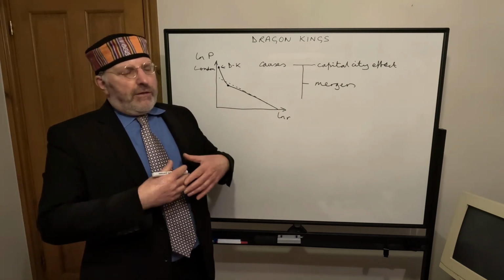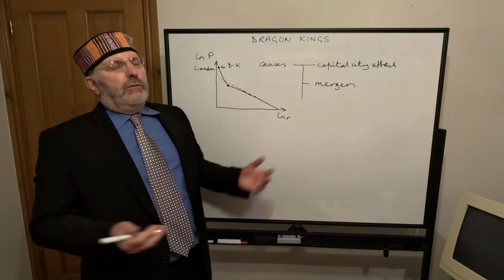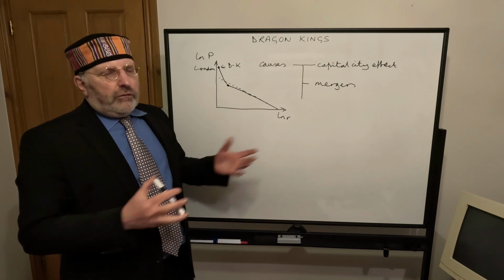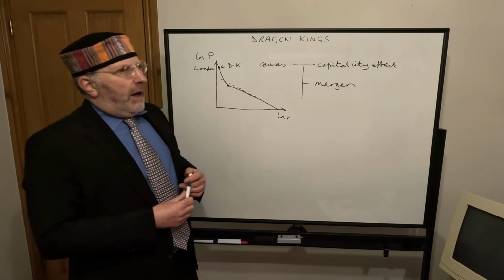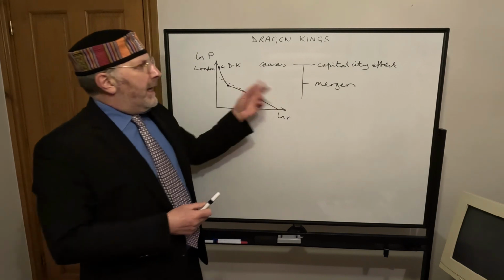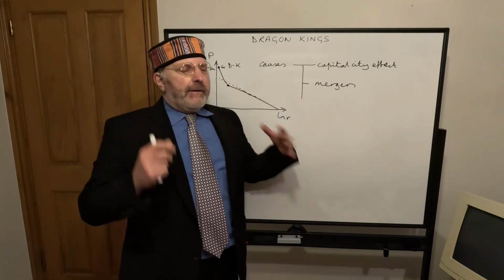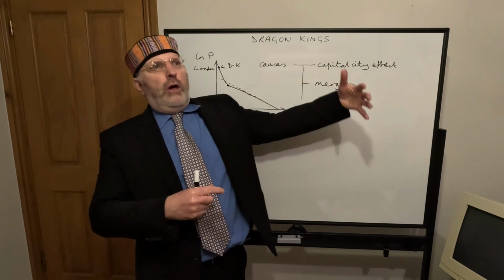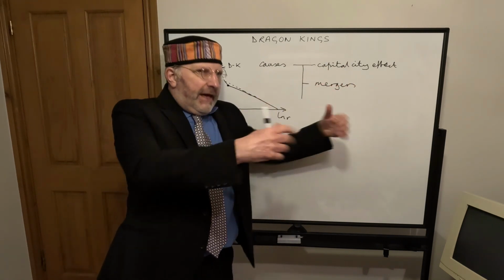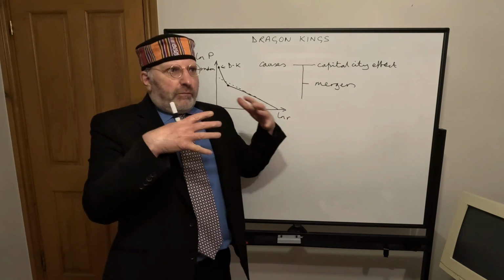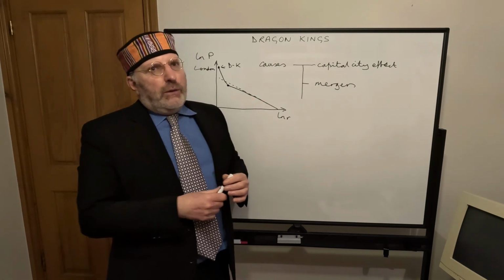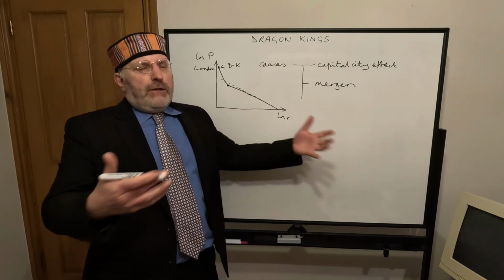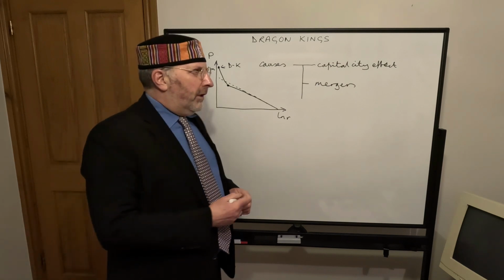After Alexander's death, his empire split up between his successors, and into smaller empires. So when you see a dragon king, it may be the result of something like that. Something has taken over something else. It's kind of swallowed a huge thing, and so it's temporarily much larger than it would naturally be. But what will probably come after that is it will then either fragment or divest itself of what it has swallowed.